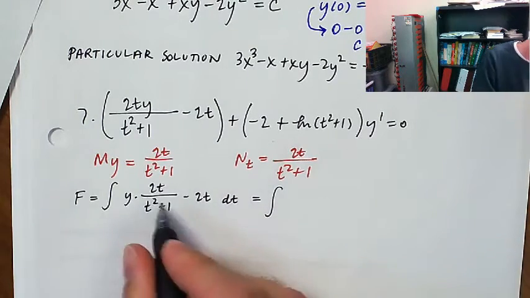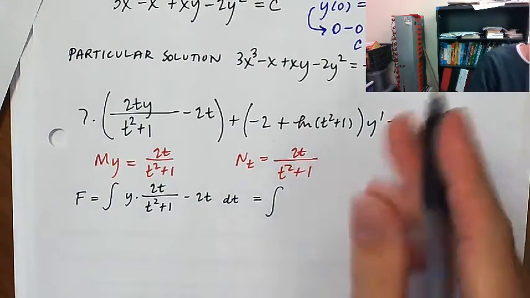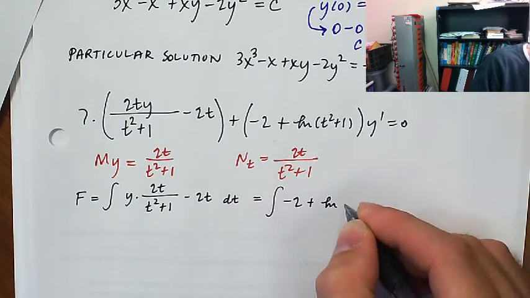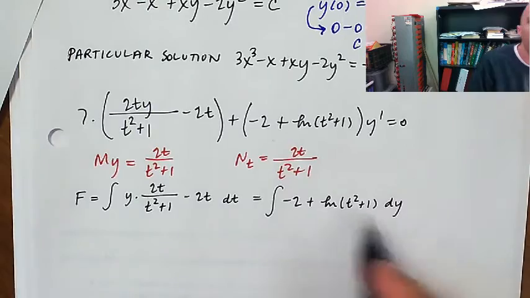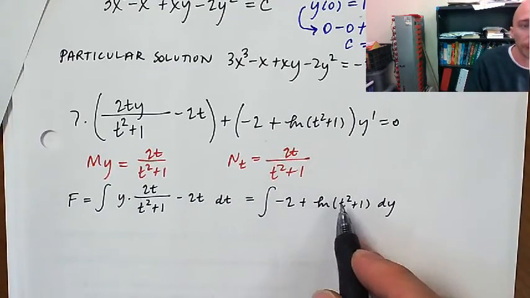I think that'll make the anti-differentiation quite a bit easier if I just write it like that. Okay. Then antiderivative of negative 2 plus log of t squared plus 1 dy. This antiderivative will actually be really easy because I'll just tack a y onto the negative 2 and then that log.